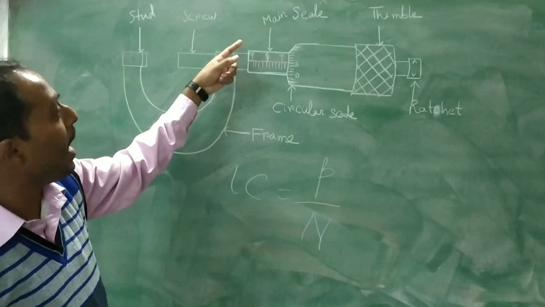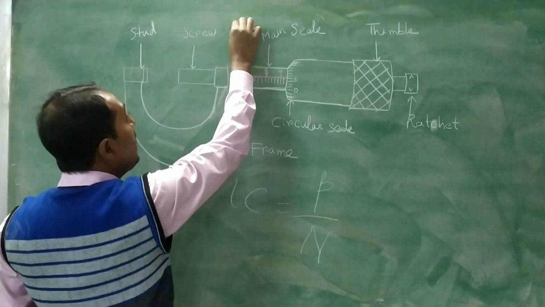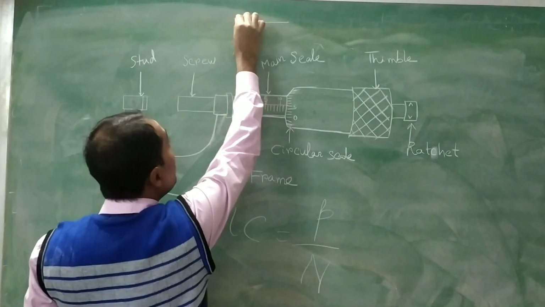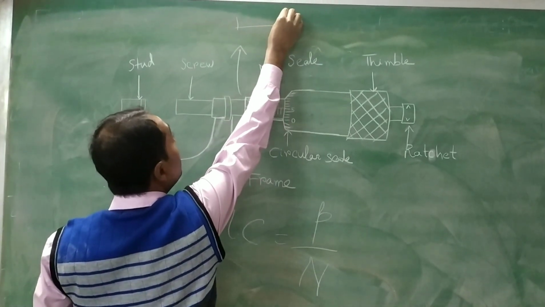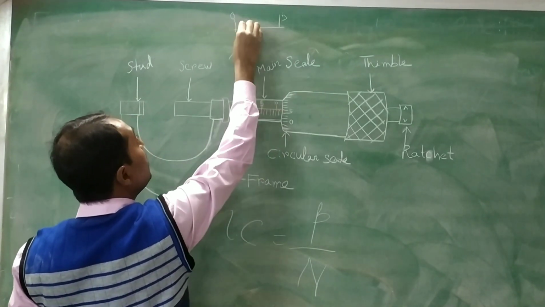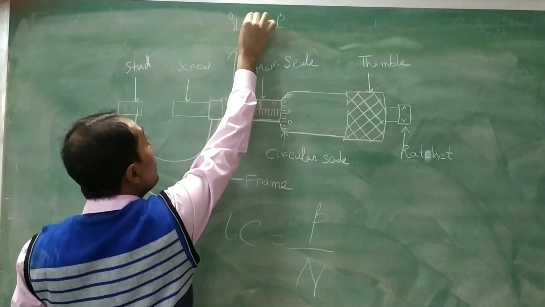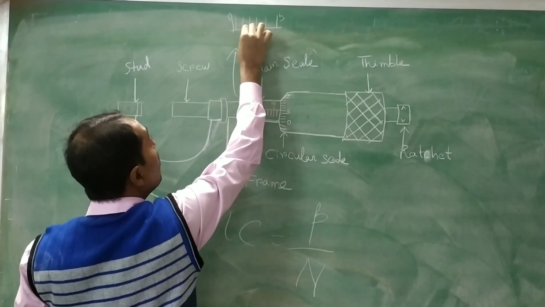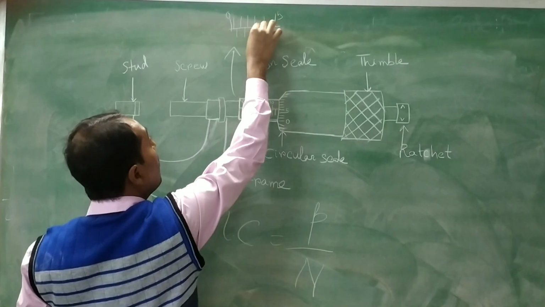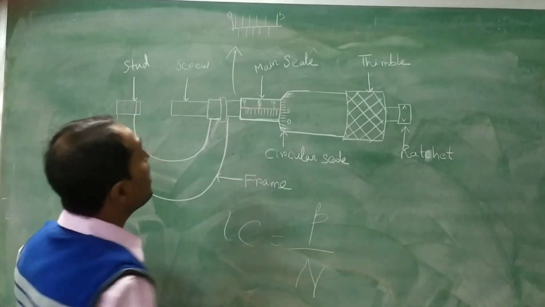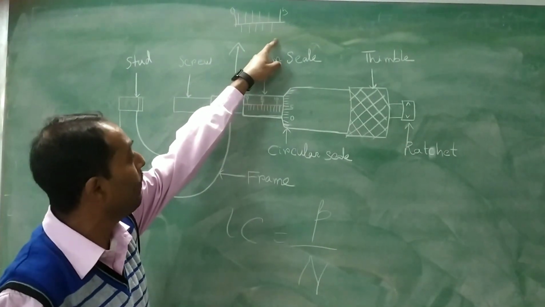But we have another type of screw gauge where, suppose this is 5 millimeter and this is 0, there are a different number of divisions between 0 to 5 like this. So easily you can calculate the small division in the scale.